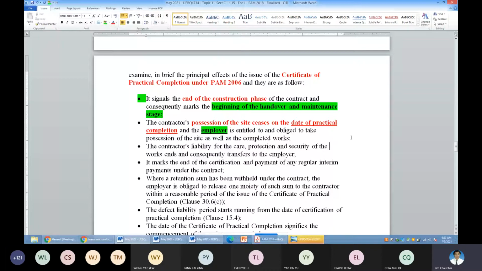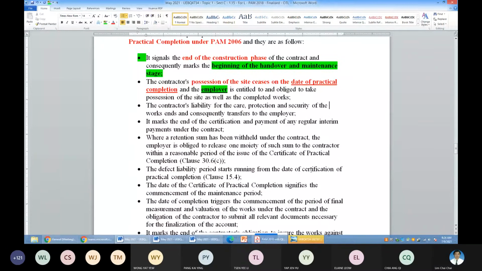At any time you want to come in, you may have to get an authorization letter from the employer or from the consultants, where the employer has delegated such power to issue such a letter to get things done. If not, it is not proper. Okay, so this is something that happens at the project site where a lot of people don't even bother, but as long as there's no problem, it is okay.